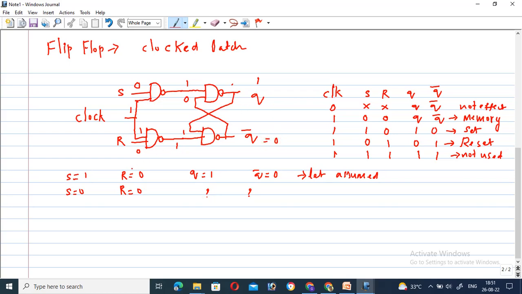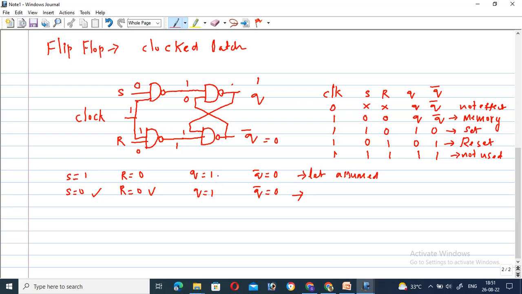Therefore when S is equal to 0, R is equal to 0, it produces the output Q is equal to 1 and Q bar is equal to 0. So it means that when S value is equal to 0 and R value is equal to 0, it produces the outputs as whatever the previous values were.